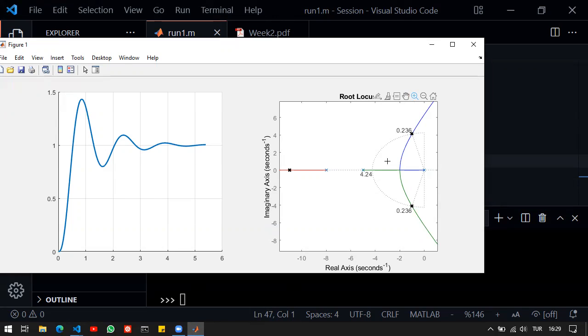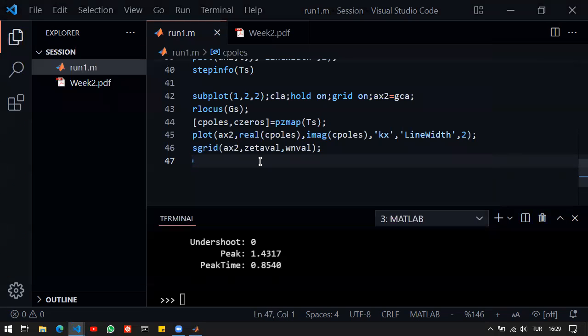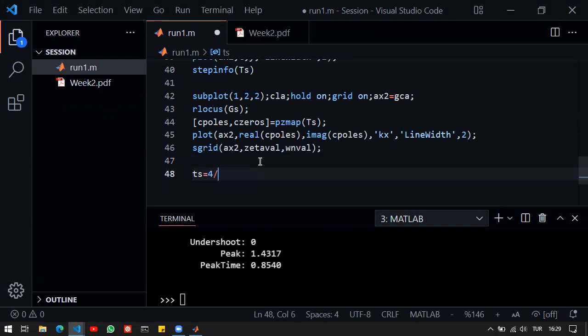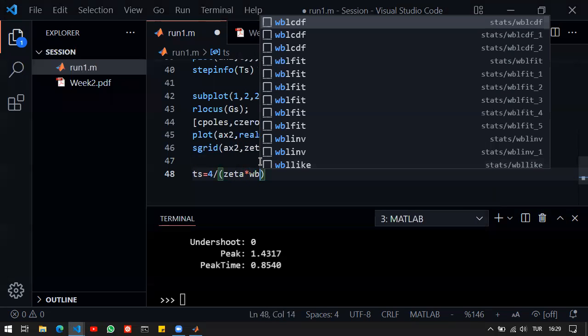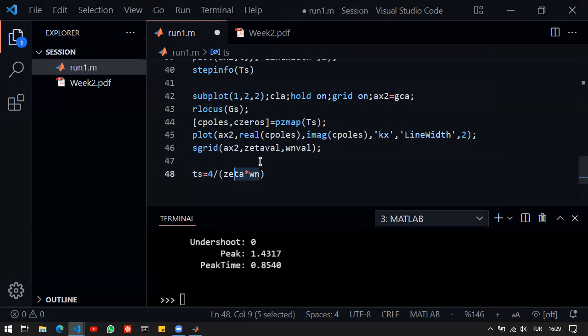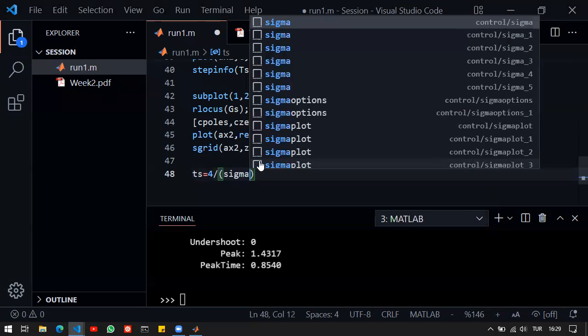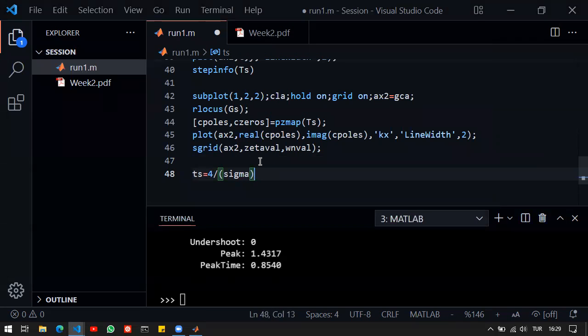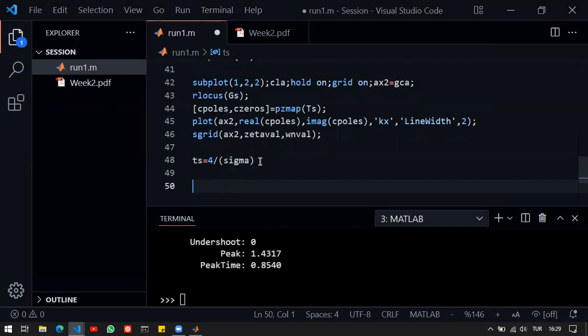that have the same settling time. In order to do that, I need to recognize the formula. And I should see that this part is basically sigma, or the real part. So if I'm choosing a certain settling time, I'm choosing a certain real value for the poles.